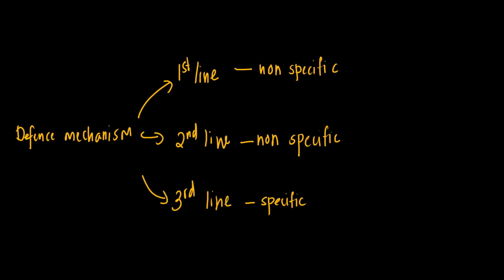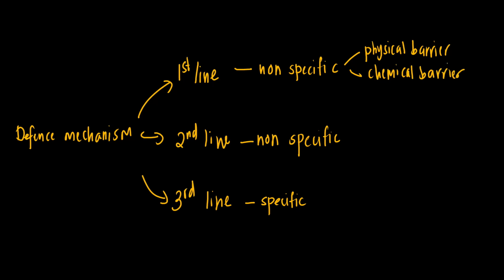So let us look at some examples of first line defense mechanisms. We are using a physical barrier or chemical barrier for defense.